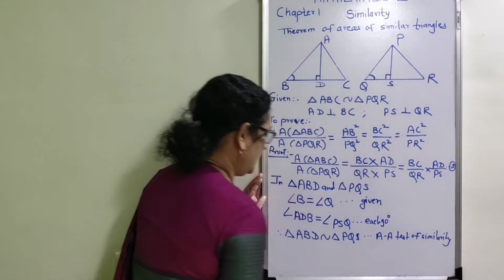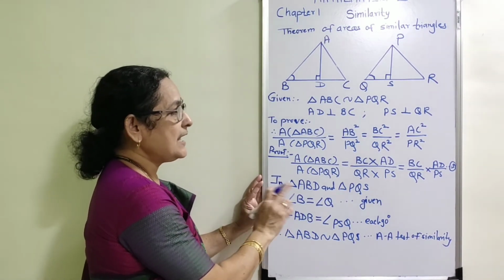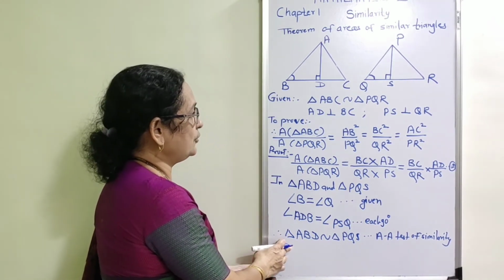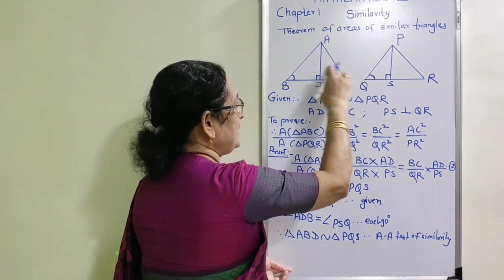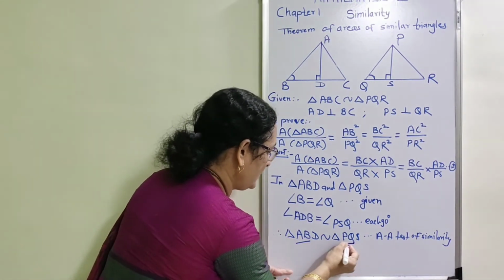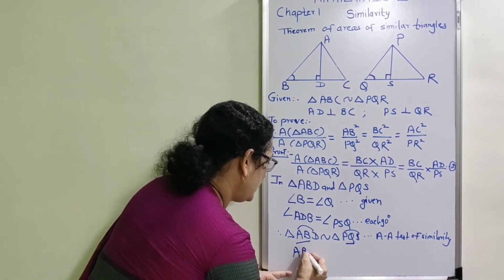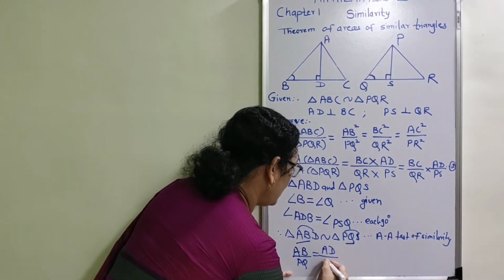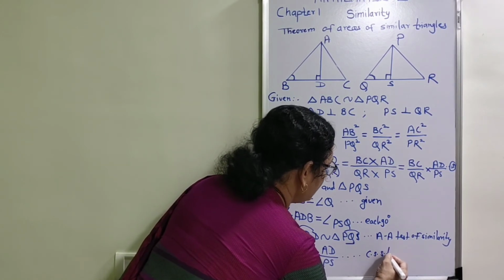Since the triangles are similar to each other, their corresponding sides are in proportion. But I am not going to write all three pairs of corresponding sides. I need only the heights AD and PS as well as sides AB and PQ. Therefore, AB upon PQ is equal to AD upon PS. These are corresponding sides of similar triangles.